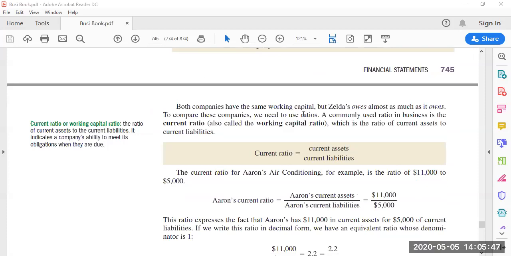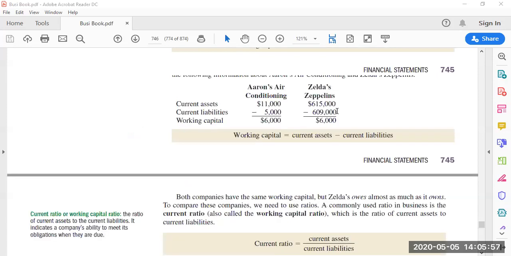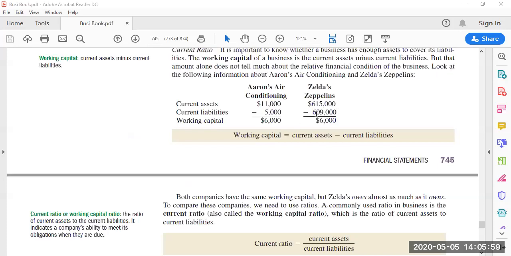Both companies have the same working capital, but Zelda's owes almost as much as it owns. You see the difference. Zelda owes almost as much as it owns, but Aaron's Air Conditioning Company owes less than half of what it owns.